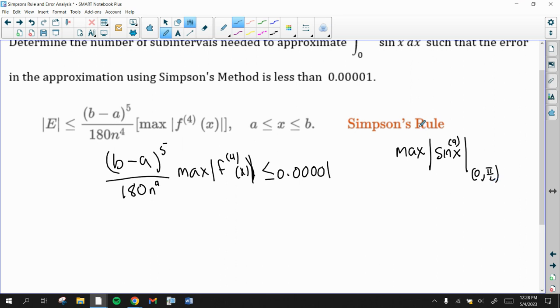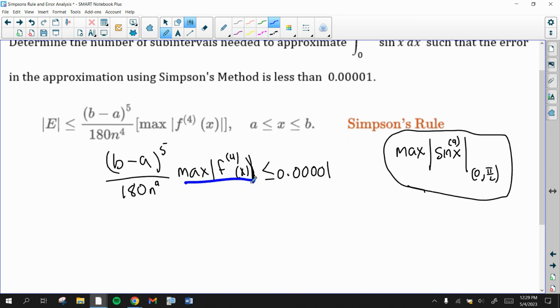And for both of those functions, from 0 to pi over 2, the maximum they can get is 1. So you can get this without doing any derivatives. There's no way it's going to get higher than 1. We know that from trig.